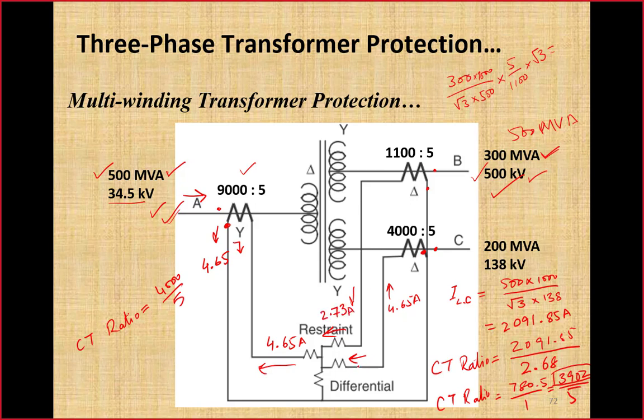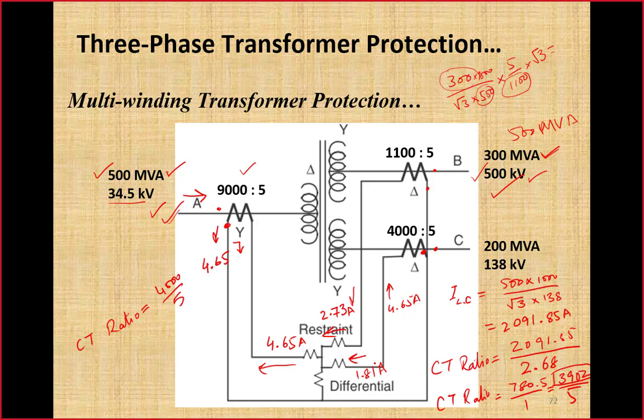Now current which is flowing in through the second retaining coil when the winding C is carrying power at 200 MVA. A similar formula here will be used. Here we use 200, 138, 4000 according to the configuration at winding side. So this current is 1.81 ampere.